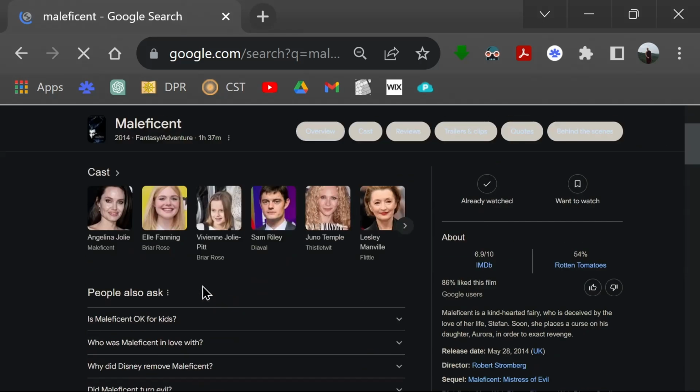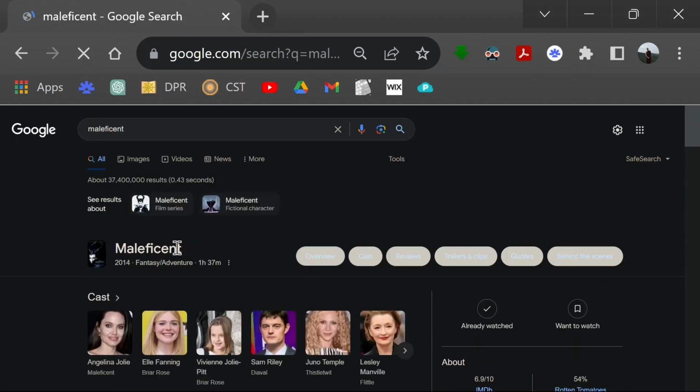So you will say Maleficent, starring Angelina and others. This means they are playing the main roles, the most important actors and actresses.